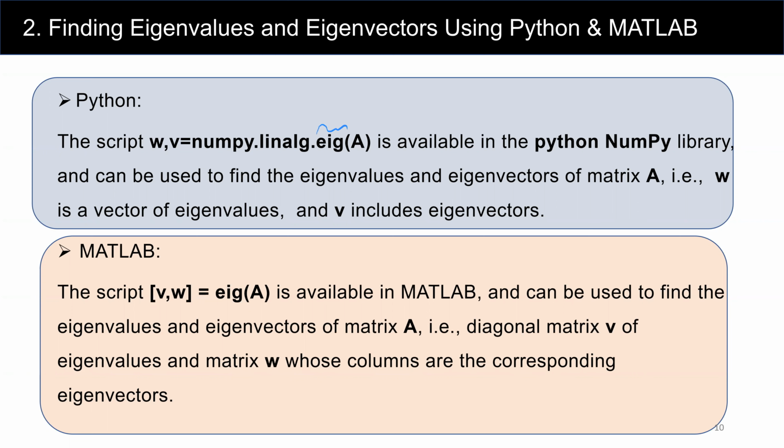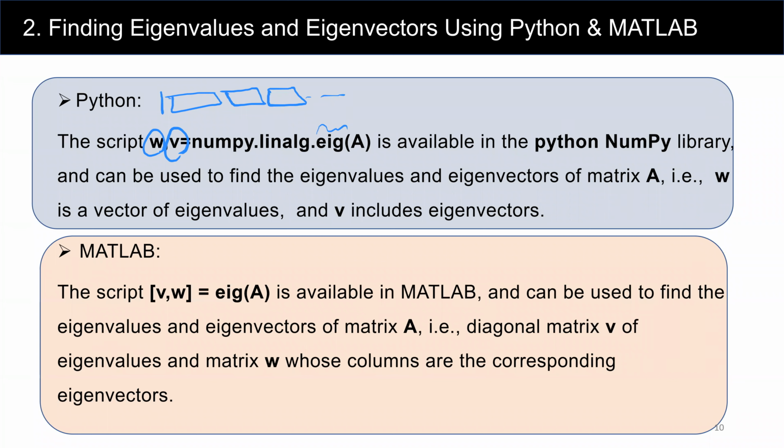This is going to give you W and V. W is a vector that includes all of the eigenvalues, first eigenvalue, second eigenvalue, third, and so on, and V includes the eigenvectors.